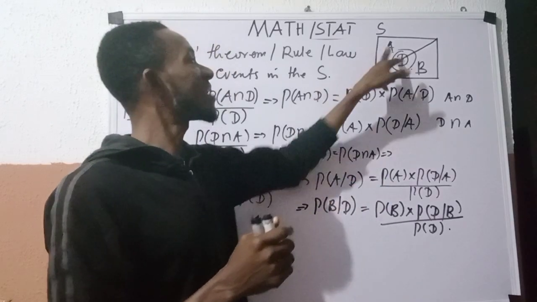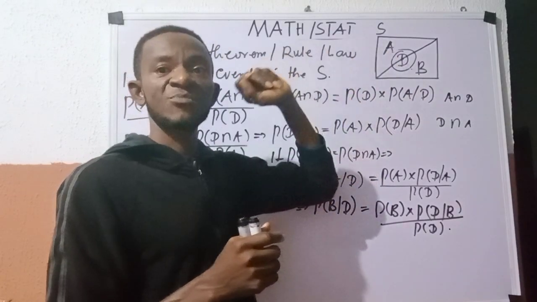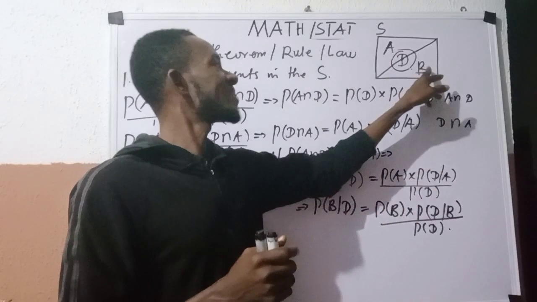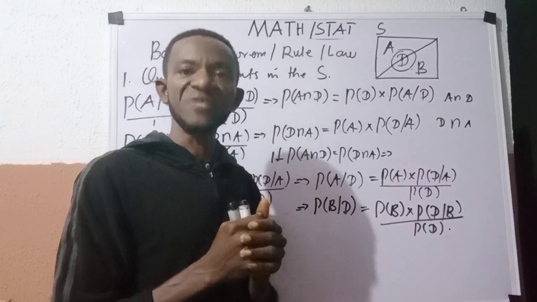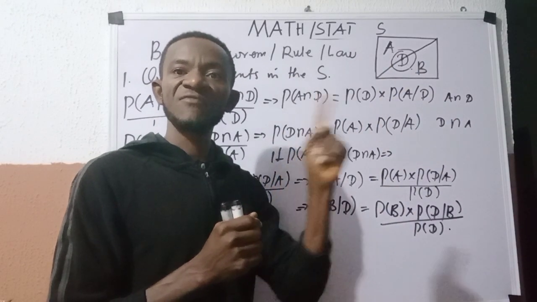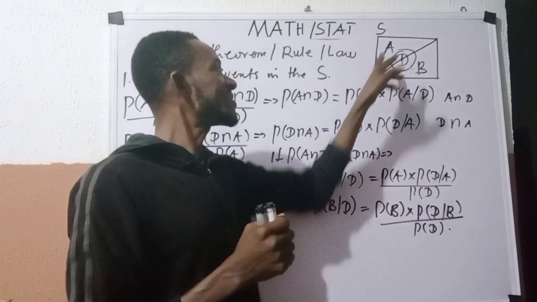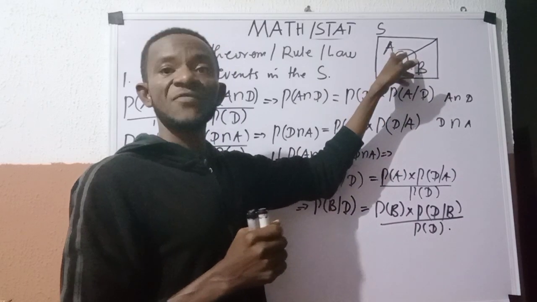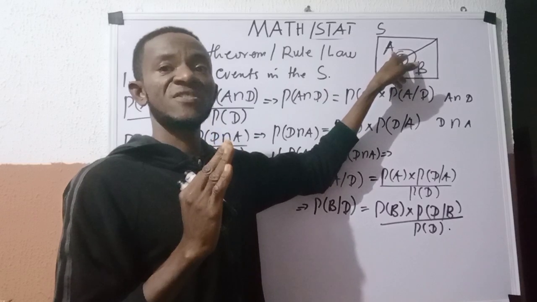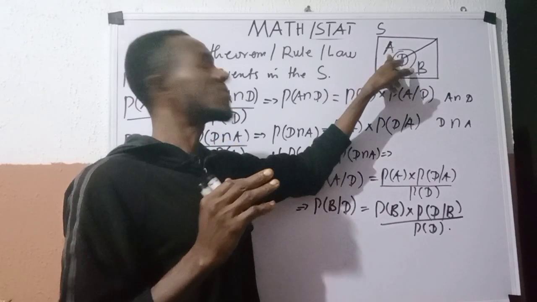For instance, we are looking at this A as product A, and we are looking at this B as product B, coming from factory A and factory B. And this A and B, of course, it is a particular commodity. It could be plastic rubbers.